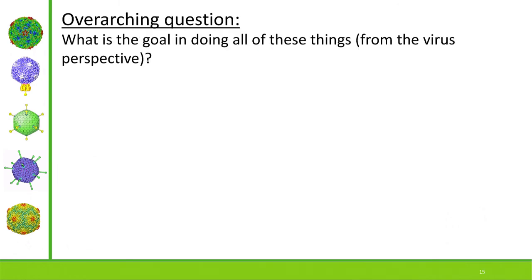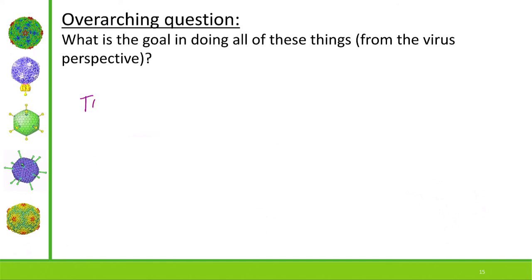So last but not least, from the virus's perspective, what is the goal in doing all of these things? Why do we affect gene expression? Why do we affect proteins or signal transduction? Why do we affect remodeling of cellular organelles? And why do we affect metabolism?